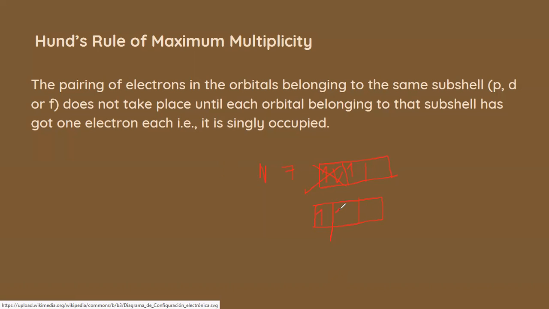So first we will fill in half of this shell, and then the electrons will start pairing up. Suppose we had 4 electrons. If I had just paired it up like this, it would have been wrong. It should be filled half, and then it will start pairing up. That is the basic idea behind Hund's rule of maximum multiplicity.